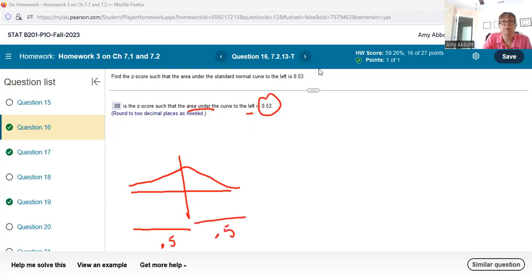So if we're going over to 0.53, the area to the left is 0.53, it's going to be a little past that line, and everything to the left of that is 0.53. All right, so we're going backwards now and finding the Z-score.